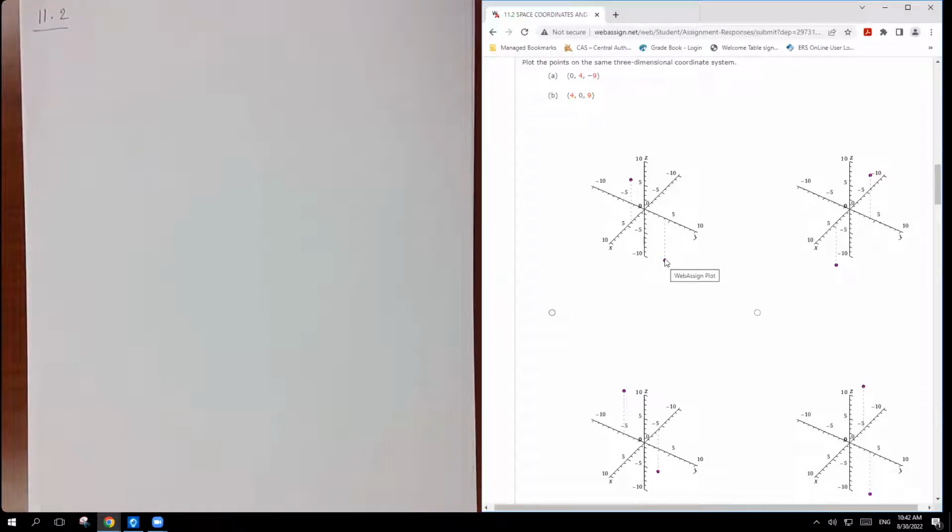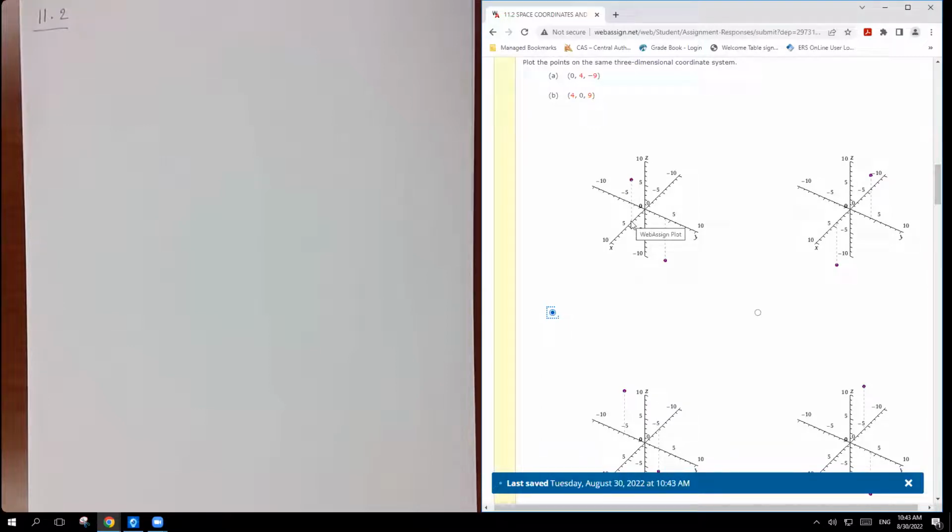So the first point, this is right. Okay. Let's check the second point. X is 4. So where is the X coordinate? This is the X coordinate, the positive. This is the negative X coordinate. So 4, it's going to be 1, 2, 3, 4. Here is the positive side. Y is 0. That means I'm not going to go here or here.